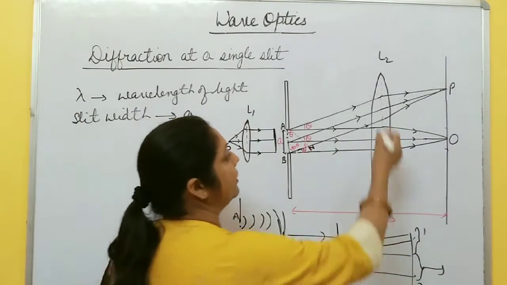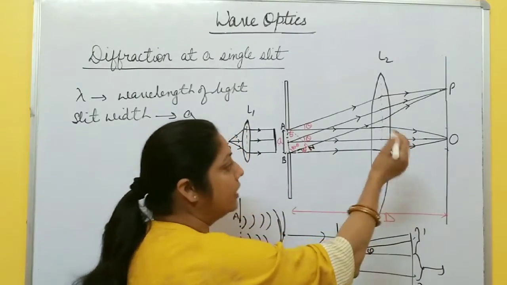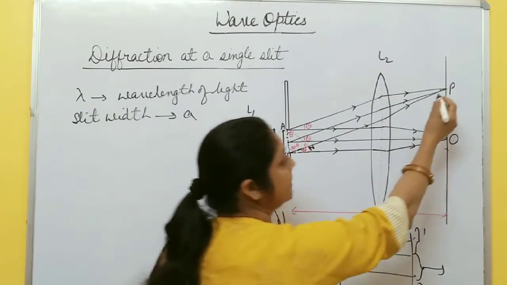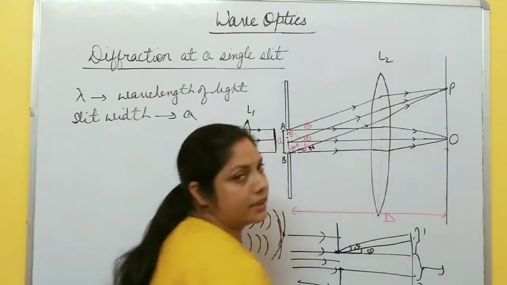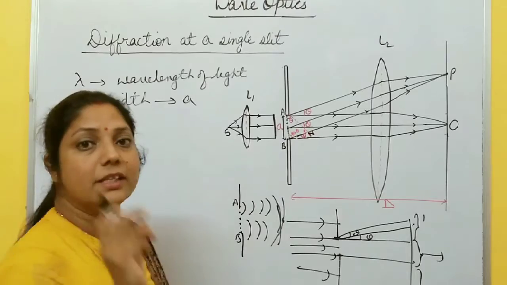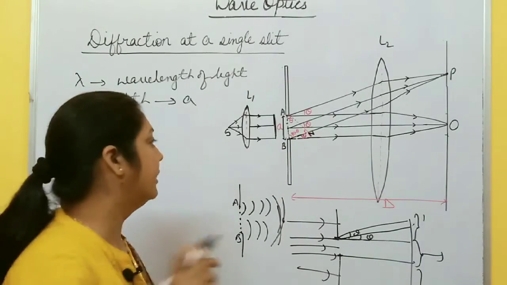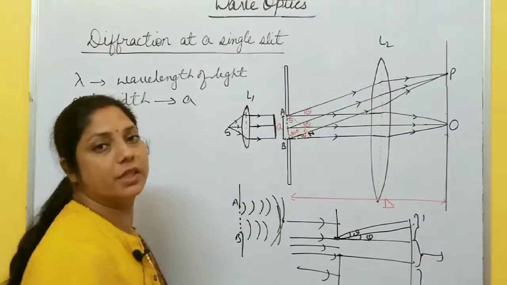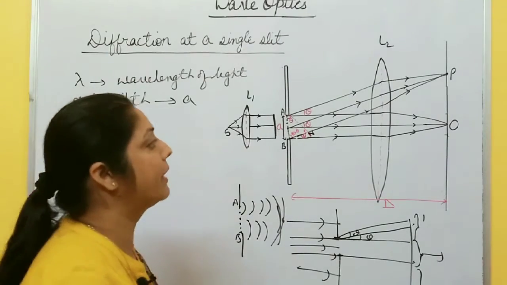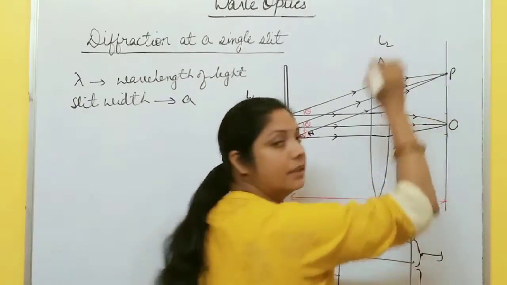Suppose this is a convex lens L2, and the diffraction pattern is focused by this convex lens at point P on the screen. Here there is not only one source of light, there are multiple sources of light which interfere and produce bright and dark fringes on the screen.